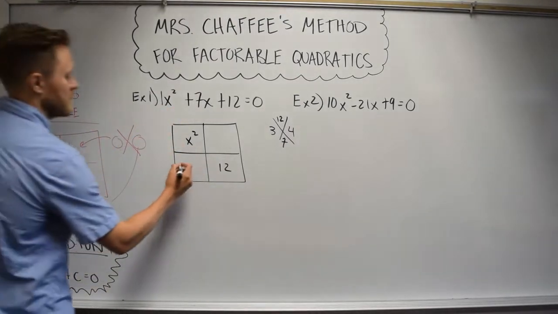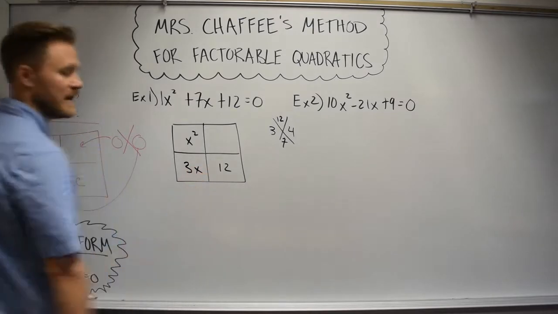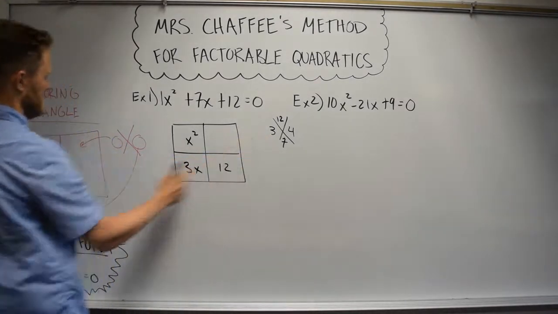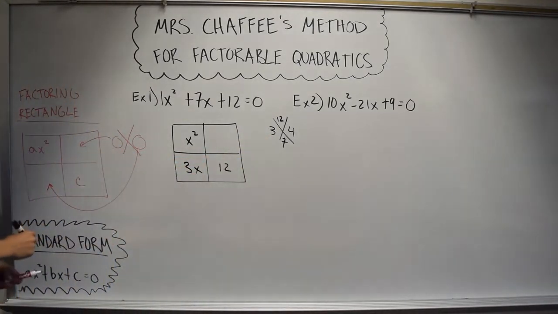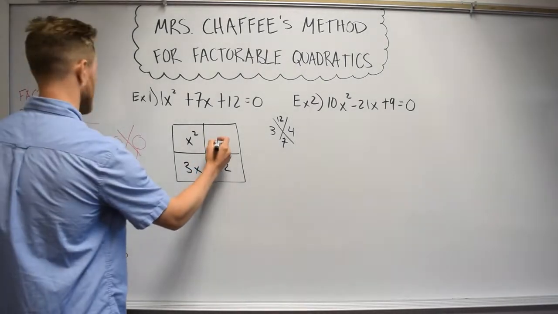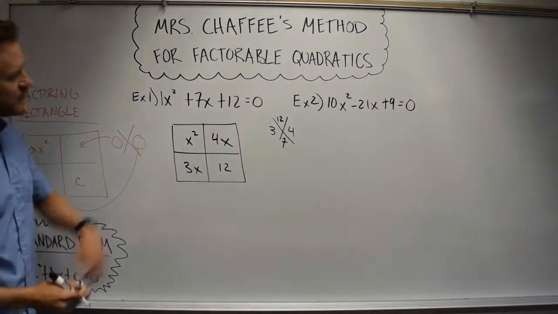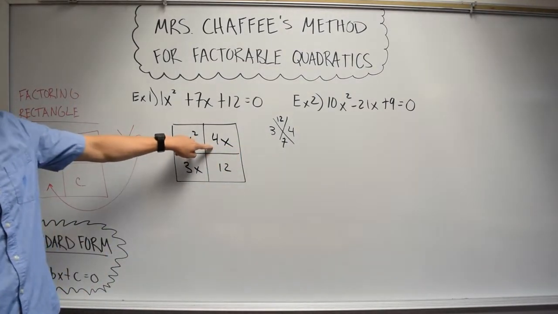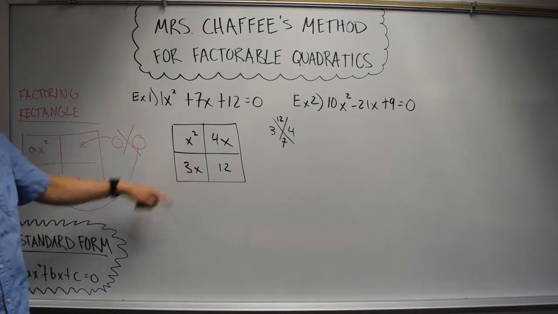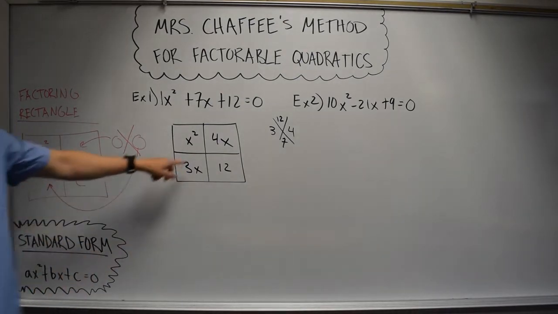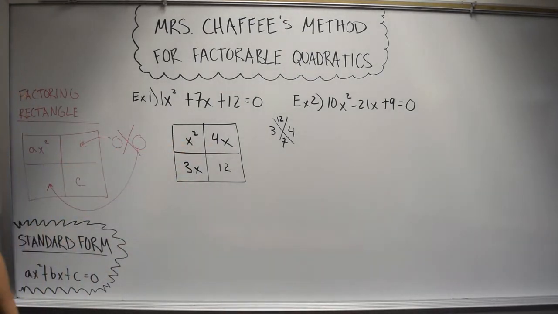So I'm going to put 3x in this box here, and I'm going to put 4x here. And you can swap these two. I could have put the 3x here and the 4x here. It really doesn't matter, just as long as they go in one of these two positions.